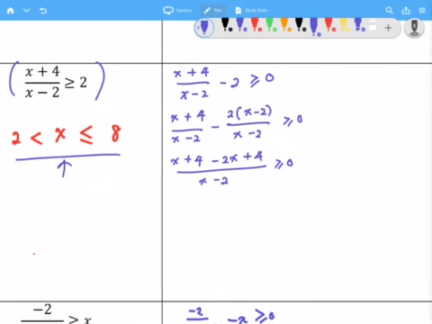Now the next thing is to simplify it. x minus 2x will become negative x plus 8 divided by x minus 2.